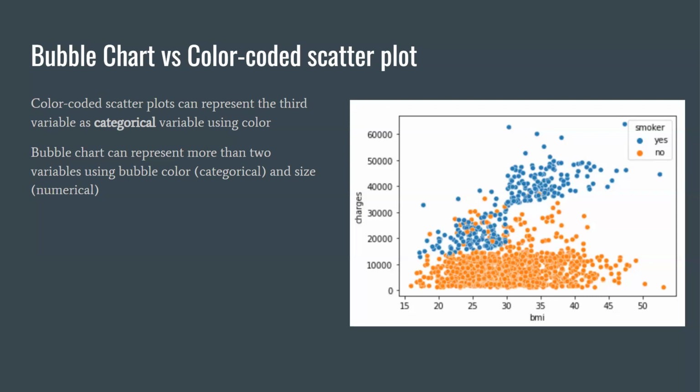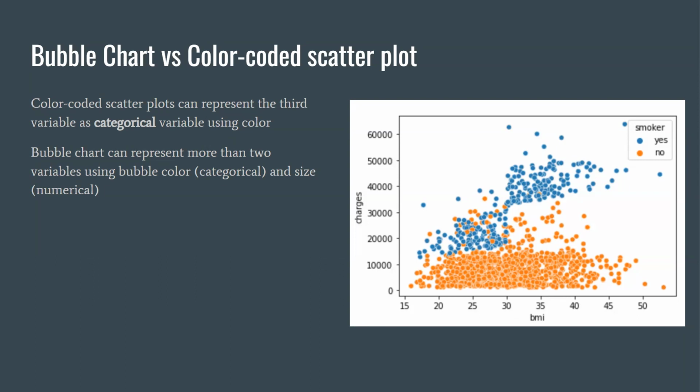So what should you do to choose between the two? So the choice between using a bubble chart or a color-coded scatter plot depends on the nature of the data and the specific insights you wish to convey. So if the third dimension of your data is quantitative and especially important to your analysis, a bubble chart might be more suitable.